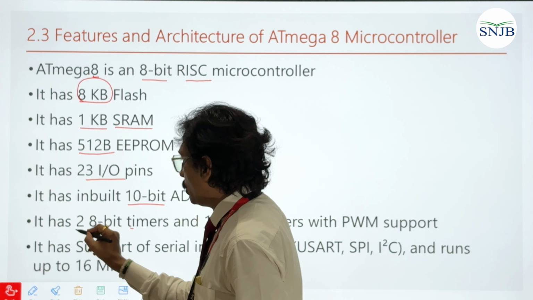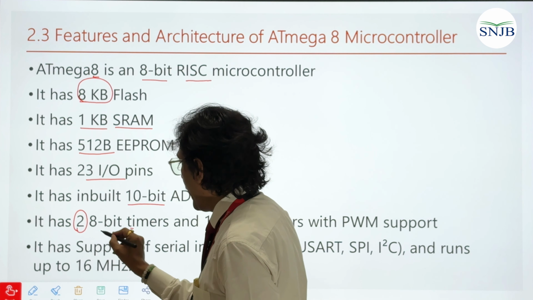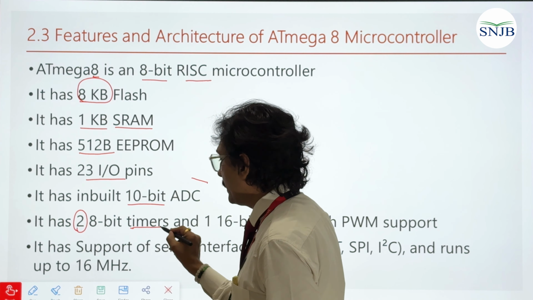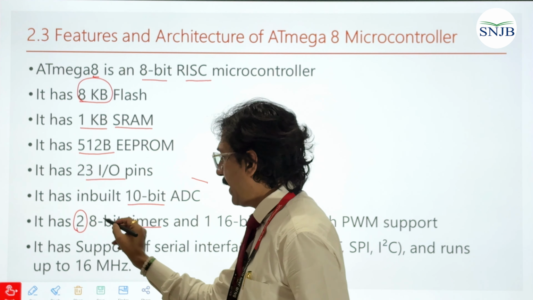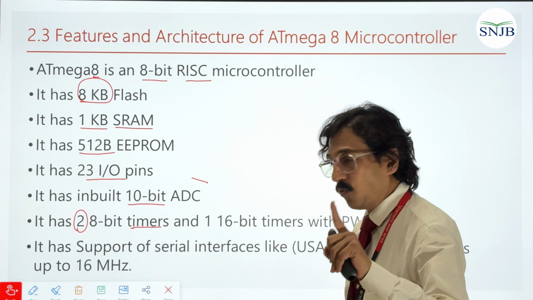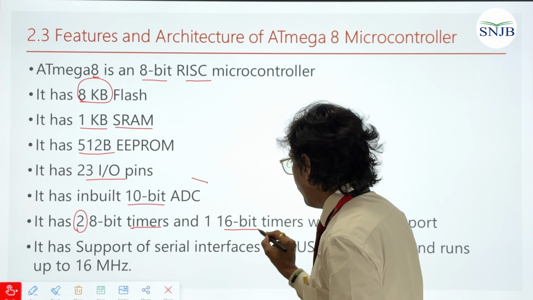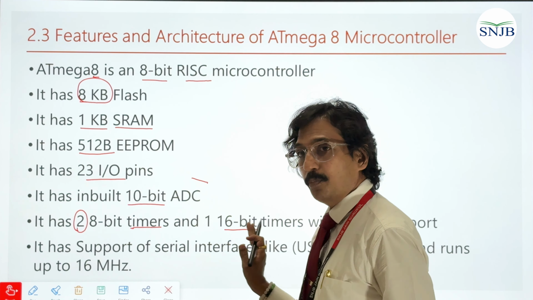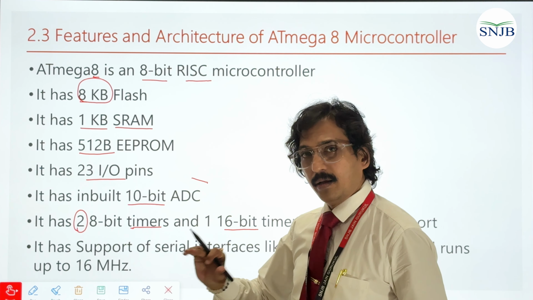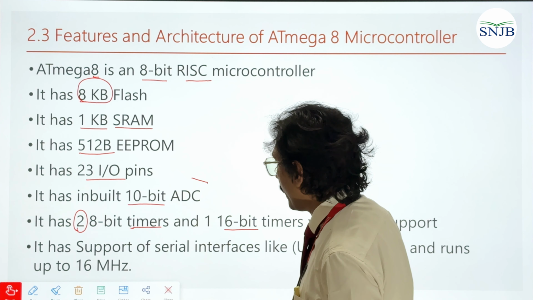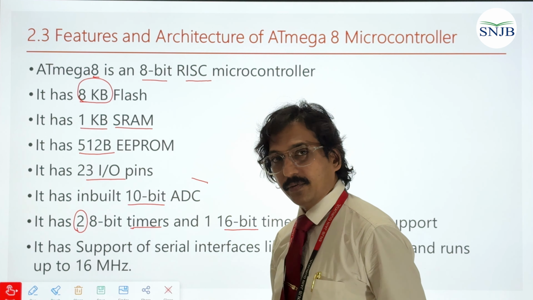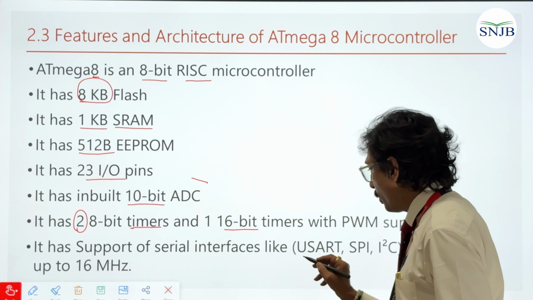It has two 8-bit timers and one timer which is 16-bit. So one is a bigger timer and two are 8-bit timers. It supports serial interfaces. Which serial interfaces does it support?